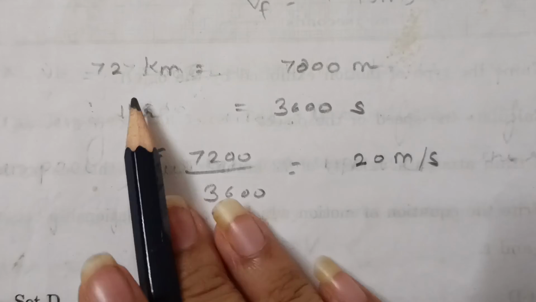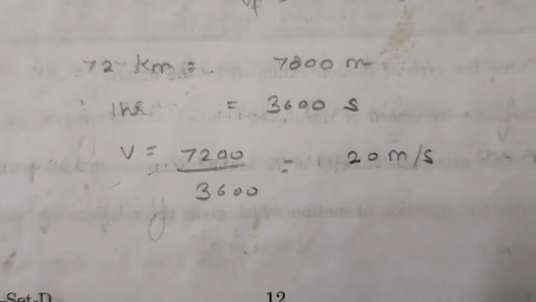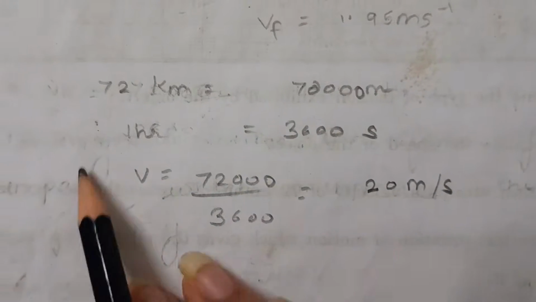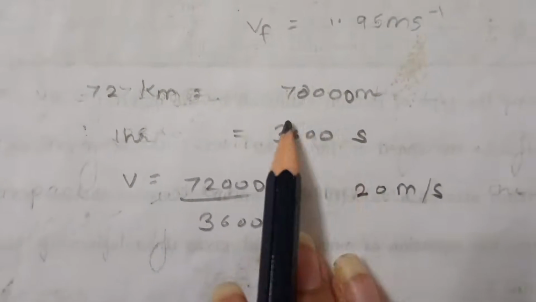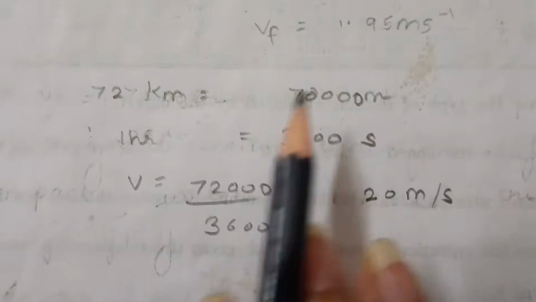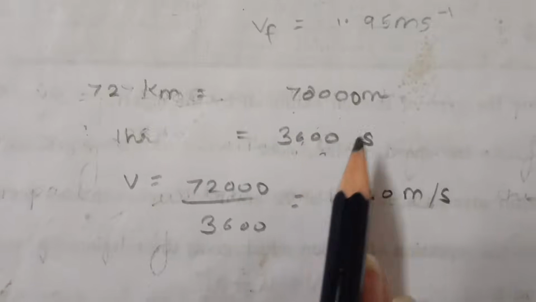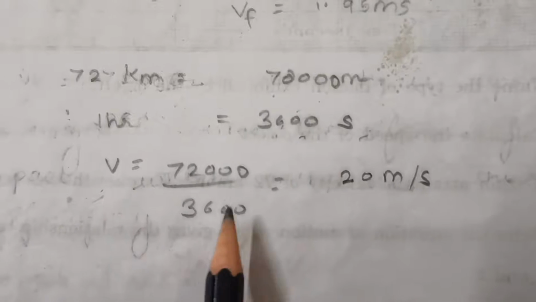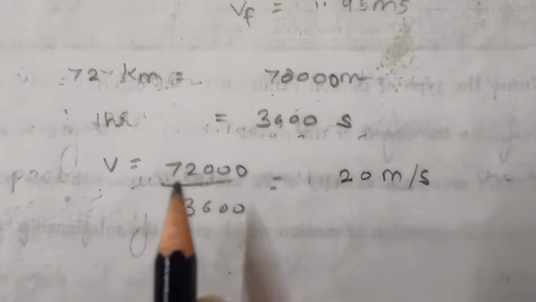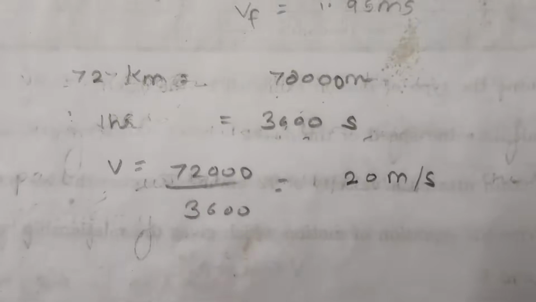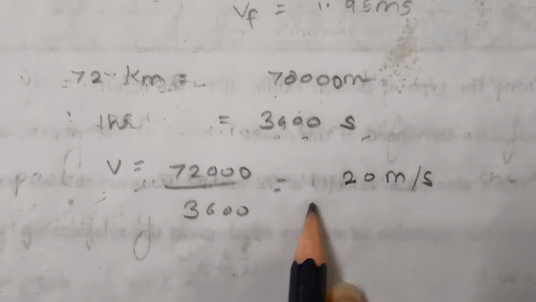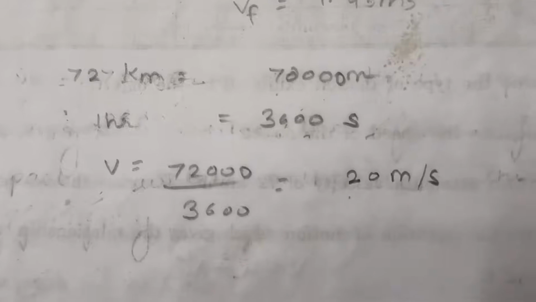First, 1 kilometer is equal to 1000 meters, so 72 kilometers is equal to 72,000 meters, and 1 hour is equal to 3600 seconds. Velocity is displacement upon time, which is 72,000 divided by 3600, equal to 20 meters per second.